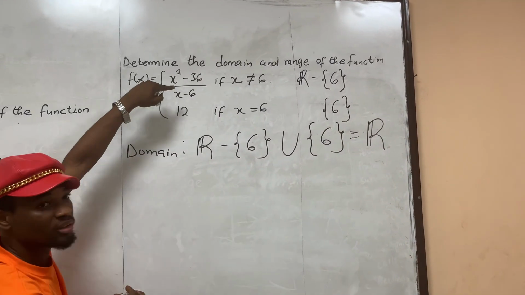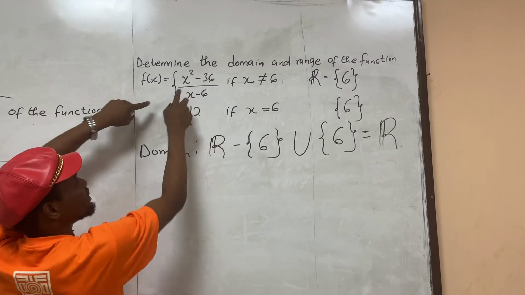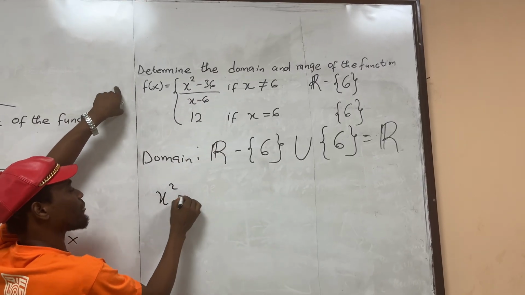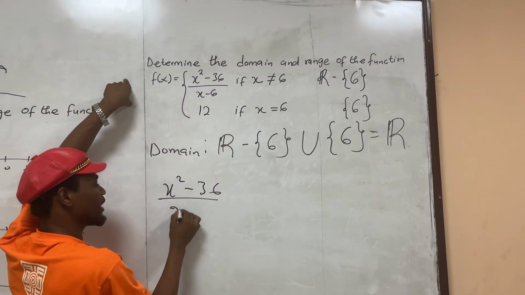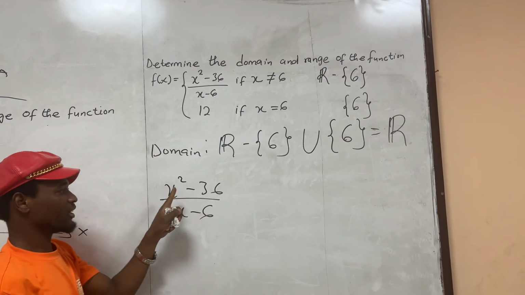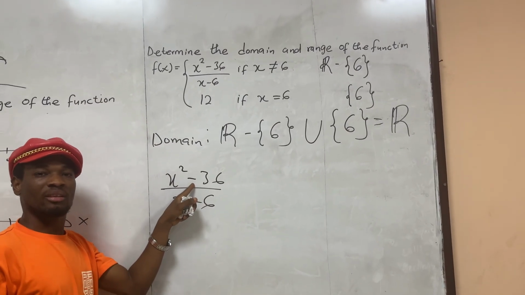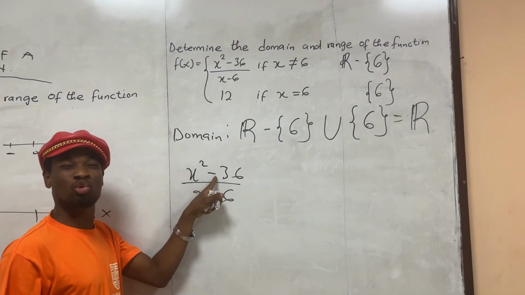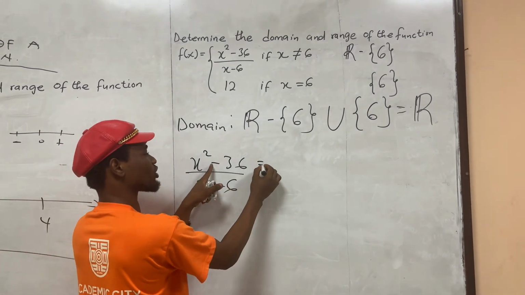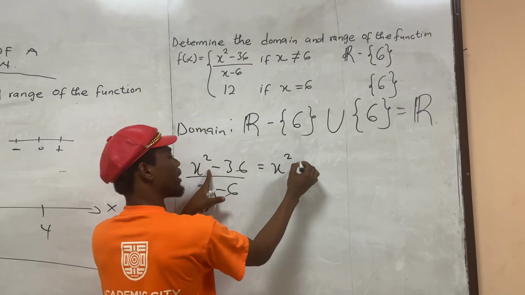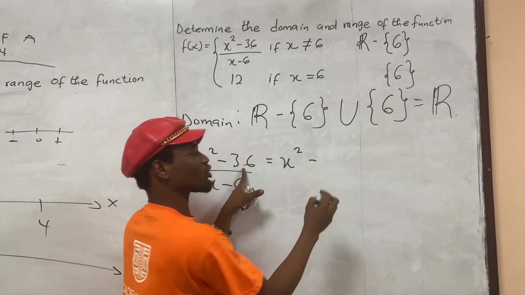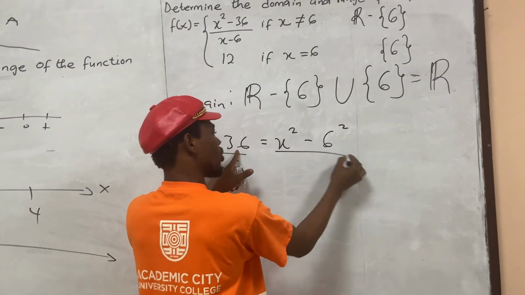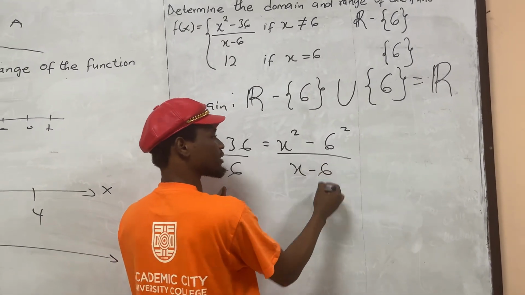So to get the range, let's work on this separately. We have x squared minus 36 over x minus 6. The numerator indicates you have a difference of two squares. So x squared minus 36 is the same as x squared minus 6 squared, over x minus 6.